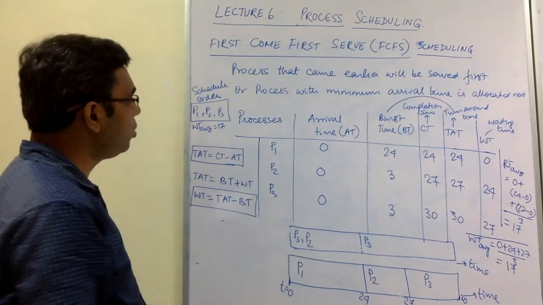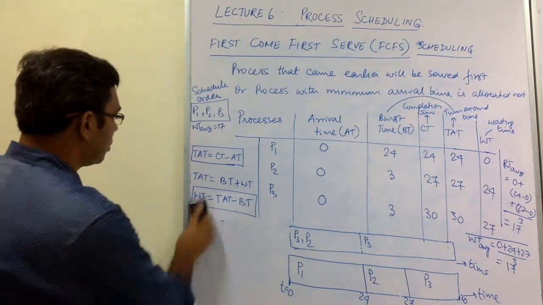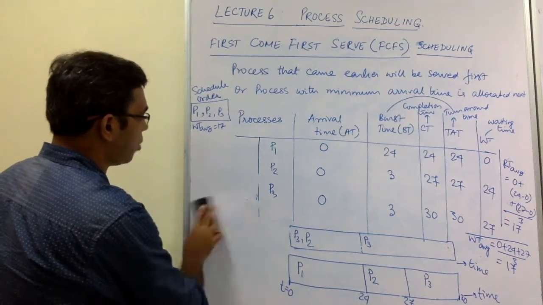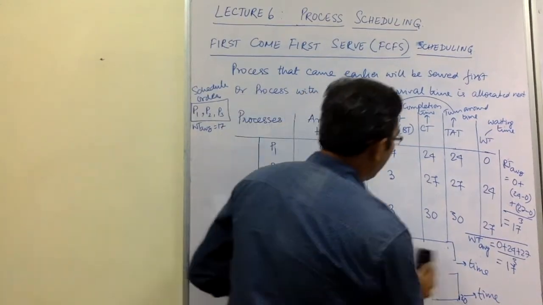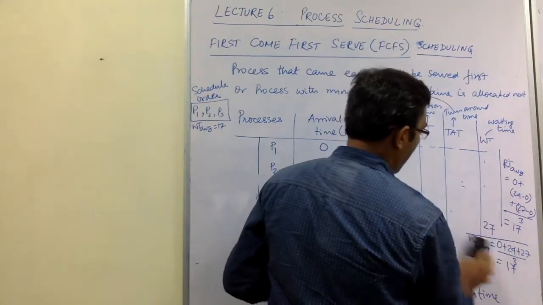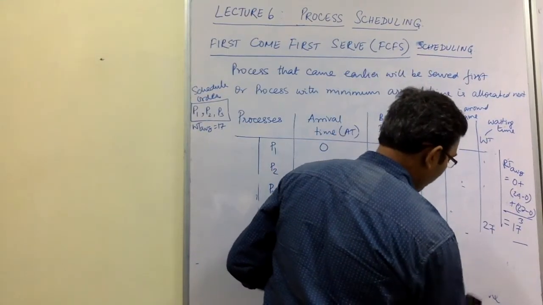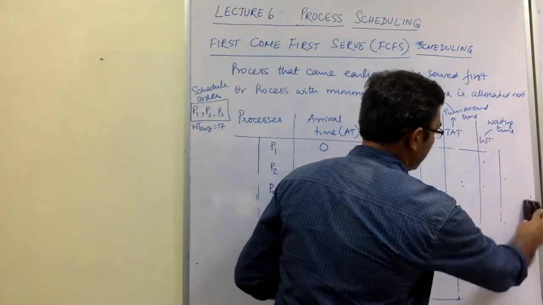Now let's try to change the order a bit. We'll take a different order and schedule this again, and we'll compute the completion time, TAT, and average values of WT once again. Let's see if we have any changes.